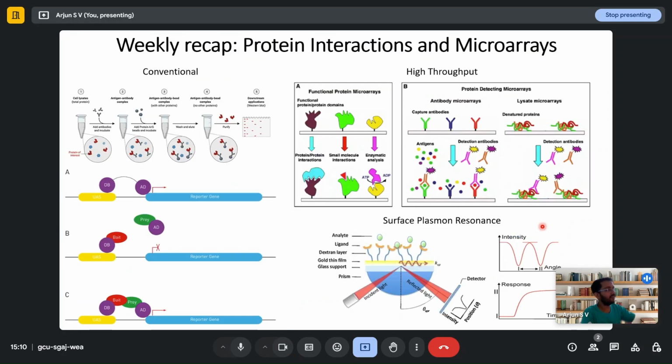And after the mass spectrometry, in the next lectures, we saw more about protein interactions and microarrays.